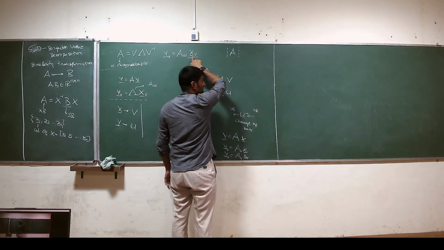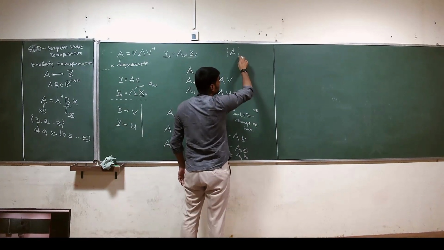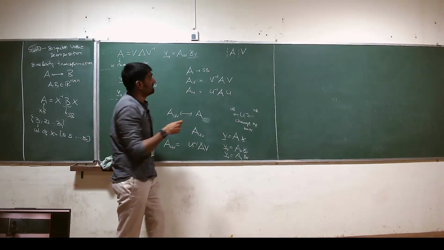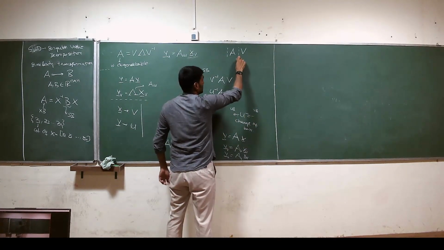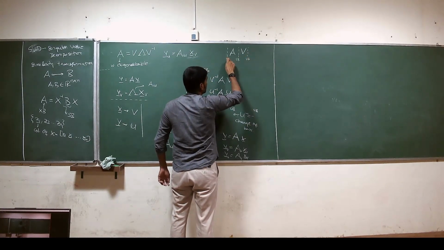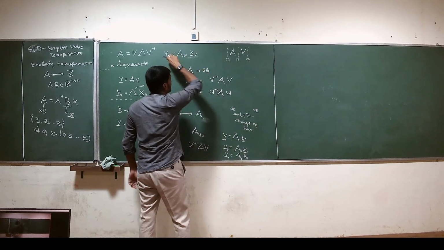But what I have is in the V basis. To convert from the V to the standard basis, I need this. This is standard basis. This is V basis. What comes out is in the standard basis, but what I want is in the U basis, and all I have to do is U inverse.